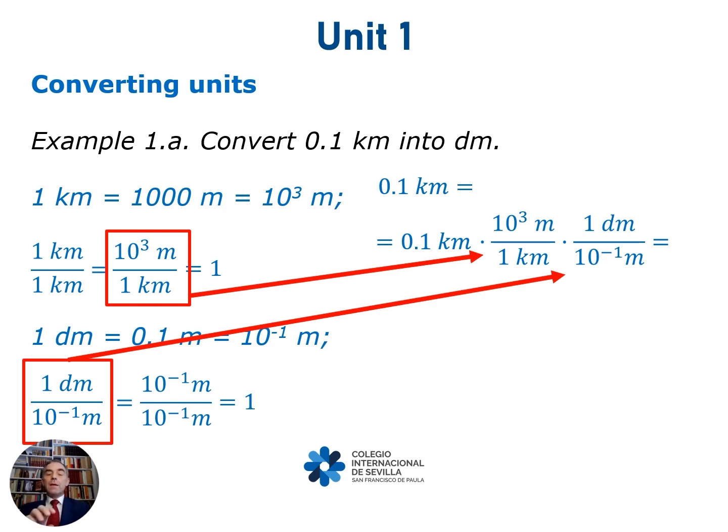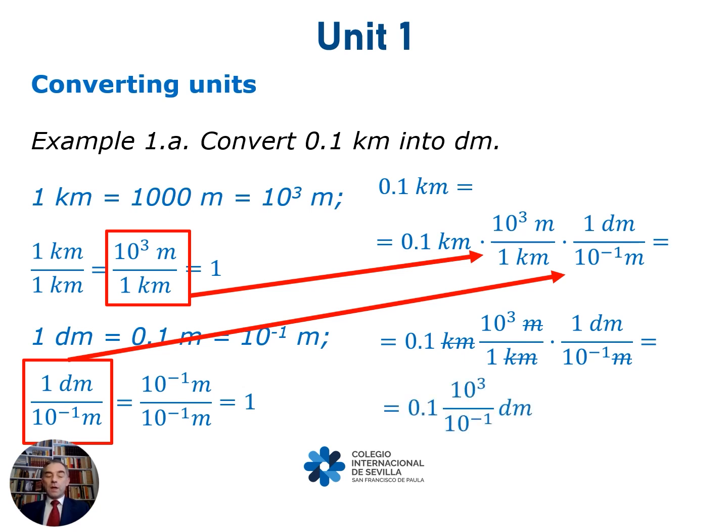So now we have that long expression, but we have kilometers at the top and kilometers at the denominator. We have meters at the numerator, we have meters at the denominator, so we can cross them over. And we remain only with decimeters in the numerator. We rearrange that series of fractions, and we have 0.1 times 10 to the third power divided by 10 to the minus 1 decimeters.